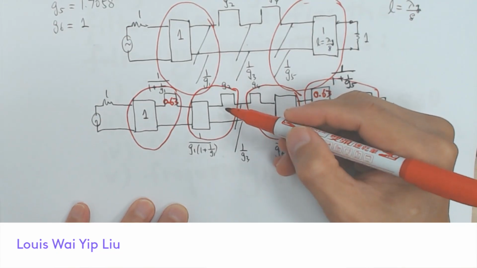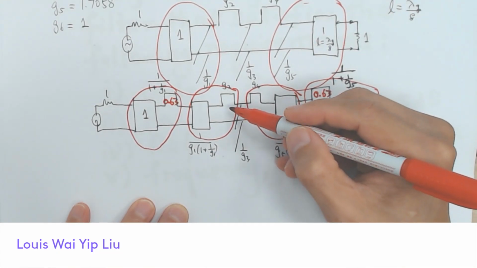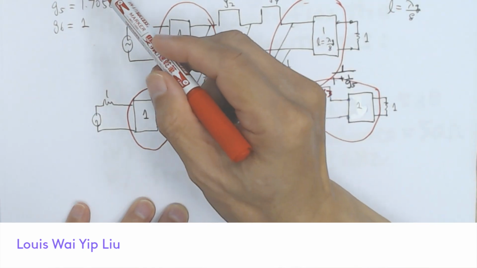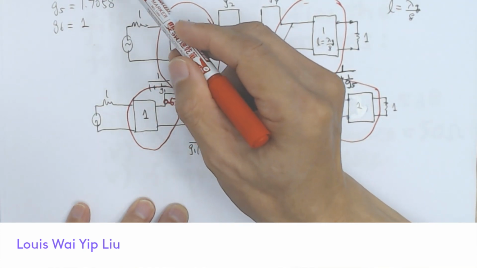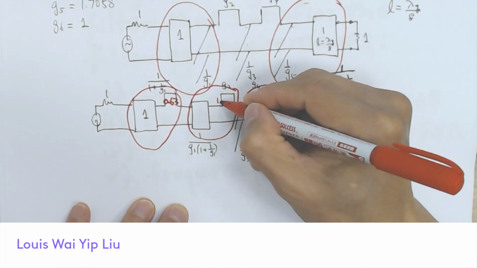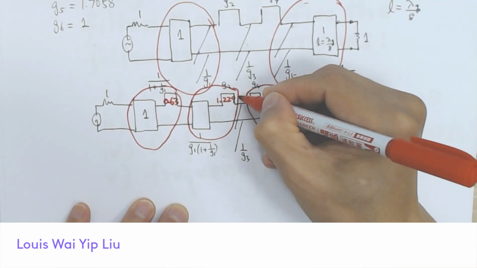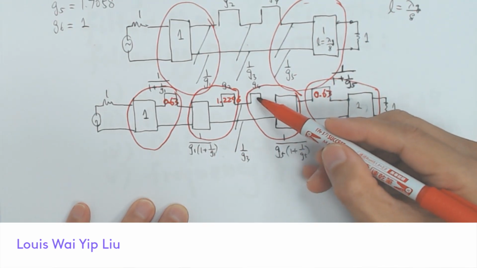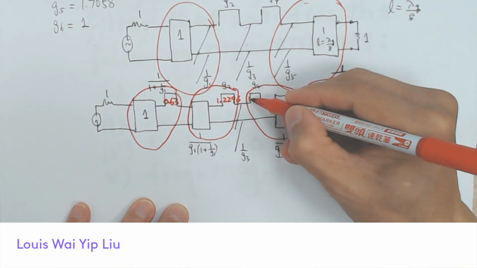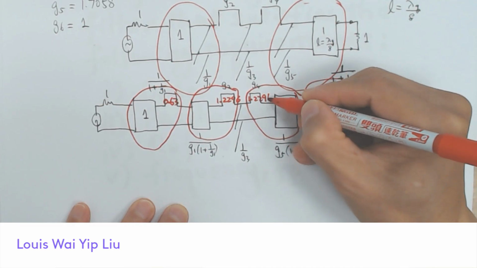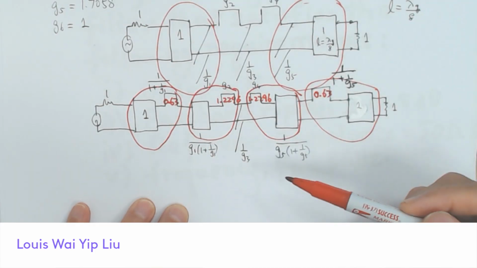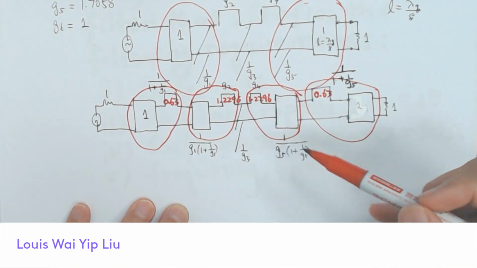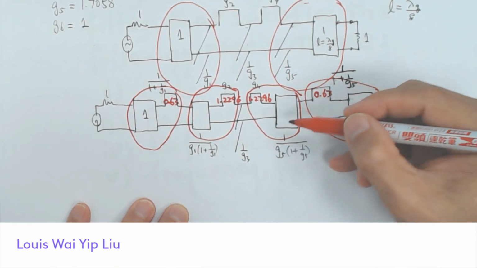And G2 will remain G2. G2 is 1.2296. And this one here is also 1.2296. Yeah, you can check the product table, or you just use the symmetry to guess it.